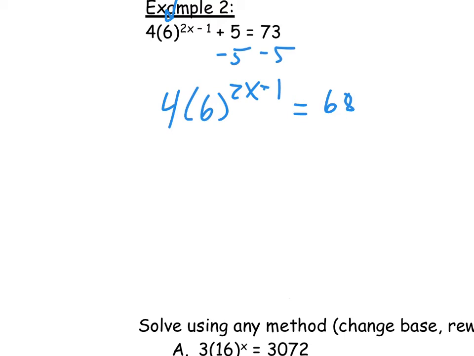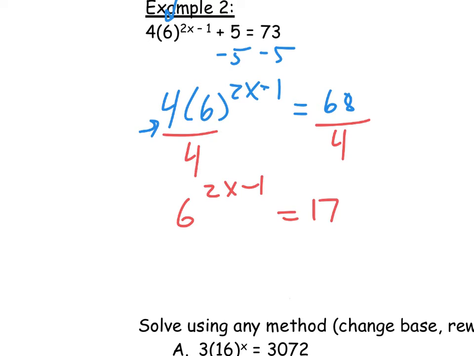Now, what a lot of people want to do is multiply the 4 and the 6, but the 4 right here is not a base, and it's not to the 2x minus 1 power, so I can't multiply it by the 6. So you have to divide both sides by the 4 and get 6 to the 2x minus 1 equals whatever 68 divided by 4 is. Well, 68 divided by 4, which is 17.